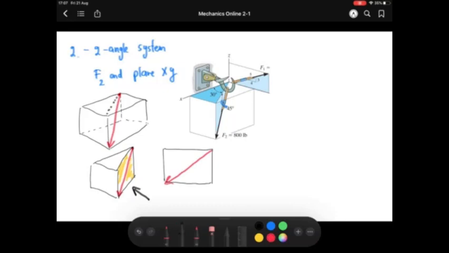Let me say this is A, B, C, D, and E. I will give a point name to all of these, A, B, C, D, E, F. So this two-dimensional plane will be A, C, E, and F.